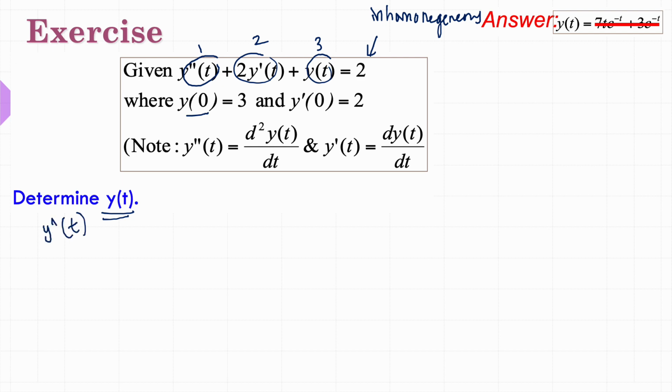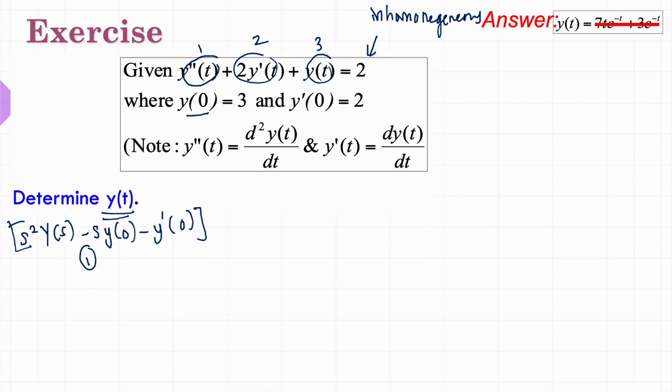For the first term, it's a double prime, so it is s squared Y(s) minus s y(0) minus y'(0).